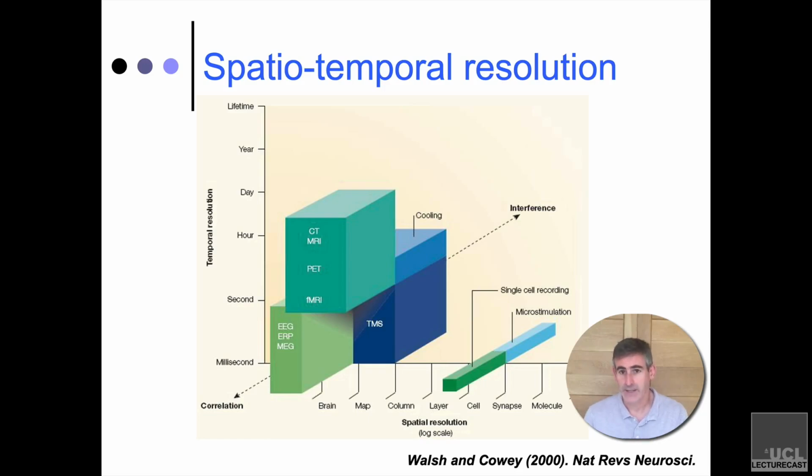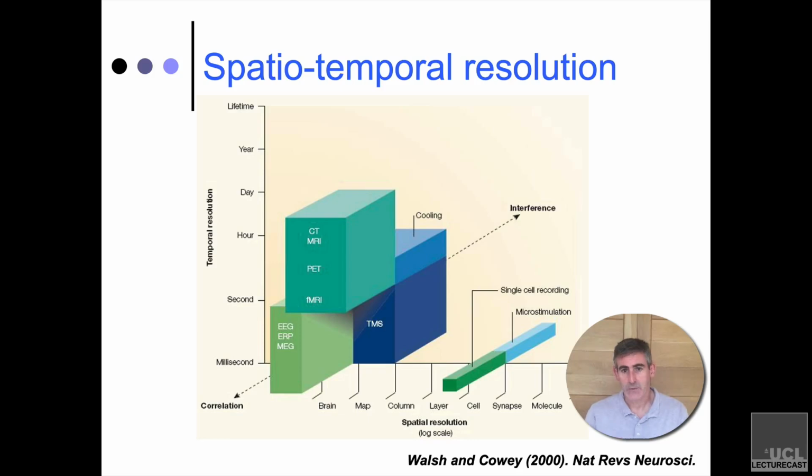But that's not what it's good at. Spatial resolution isn't the strength of EEG. Whereas if you move a little bit to the right in this image, you get things like fMRI, where you get things that are at the level of centimeters to millimeters. And then if you go even further, then you can get like single cell recording devices and things like that, where you get down to the level of columns or actual single cells, or even single channels or molecules.